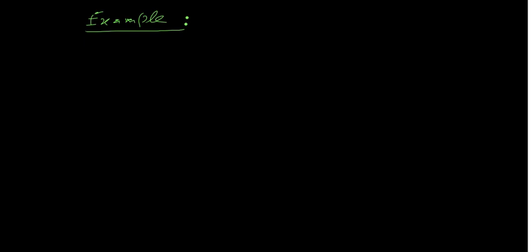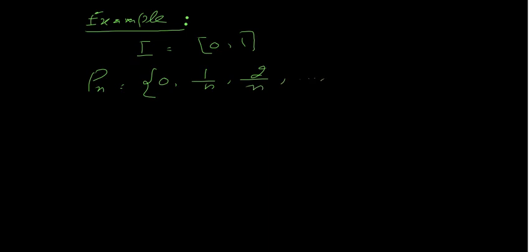Suppose this is the interval [0, 1], and take this partition, say Pn: 0, 1/n, then 2/n, and so on, then (n-1)/n, then n/n, which is equal to 1.